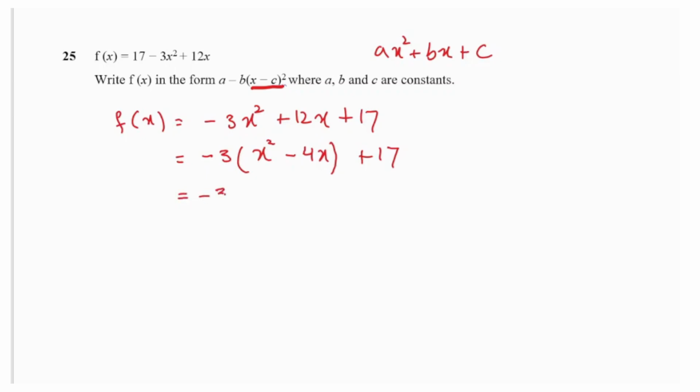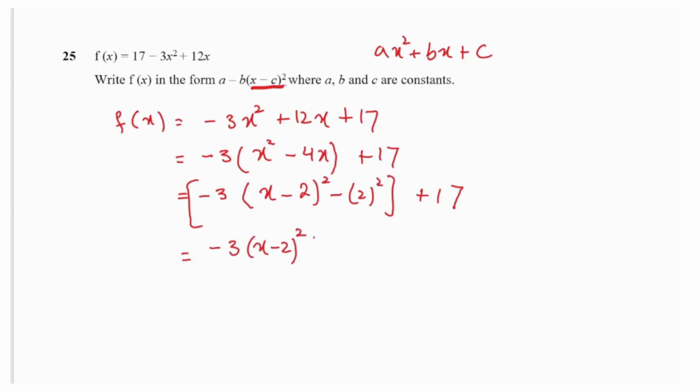When we are completing the square, what is the method? Minus b over 2. So we divide this whole value by 2, that becomes squared, and we get 2 squared, close the bracket, plus 17. Now we write it down simply: minus 3 (x minus 2) whole squared minus 4 in the bracket, plus 17.